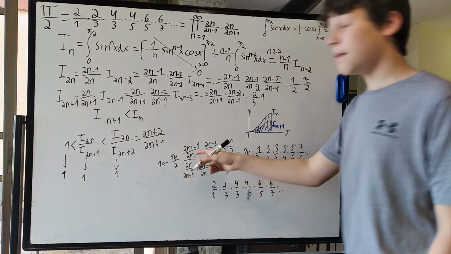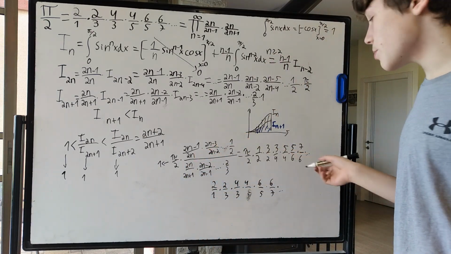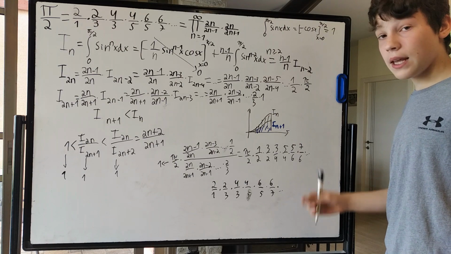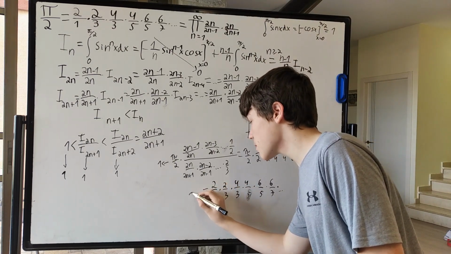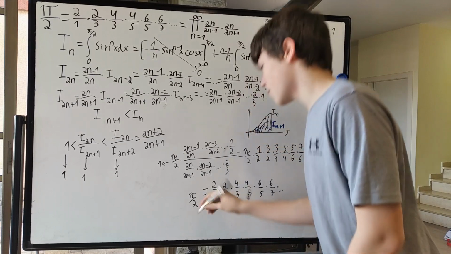We'll have some n bits at the end, but as n goes to infinity, this will just be an infinite product, and we know this will be precisely pi over 2.